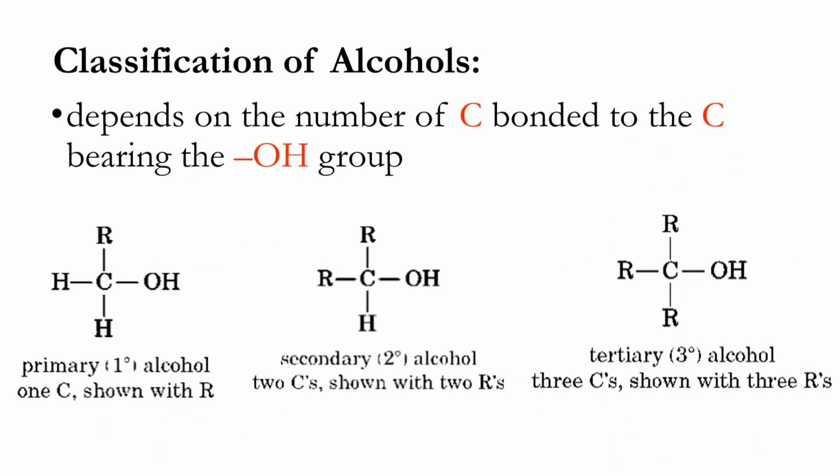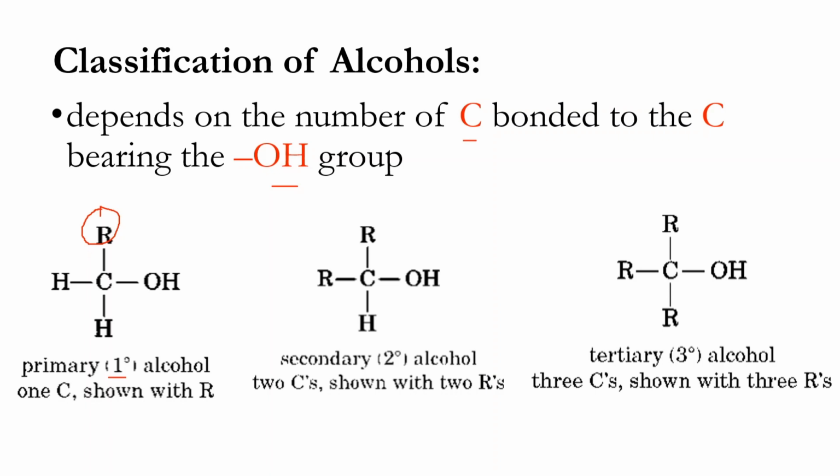Okay, we classify alcohols as primary, secondary, and tertiary. I think we have made mention of this during the lecture and the laboratory, depending on the carbon where your OH group is attached. When the carbon bearing the OH is bonded to one other carbon, that is a primary alcohol.